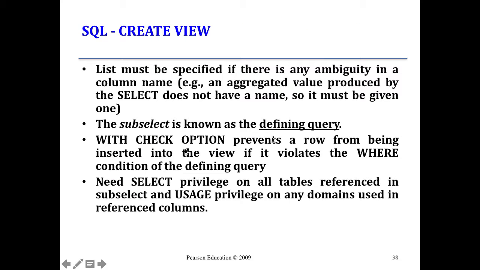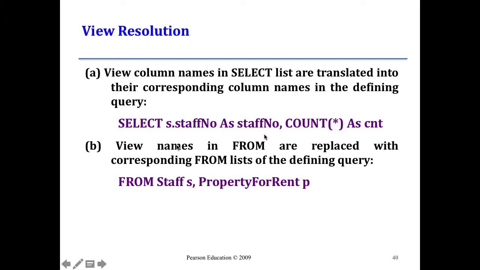So the first thing that we do is we replace staff number and CNT with this thing. We say select s.staff number, and remember the as keyword in this case is renaming columns. So we are renaming the columns from the base relations into the columns that we want to use in the result from that view.